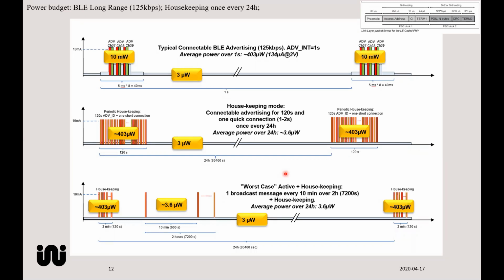So then we have a 304 microwatts consumption during the housekeeping, and then we are doing 3.6 microwatts power consumption during the events. And then for the rest of the period, there is only the 3 microwatts. Now, we keep these numbers in mind.